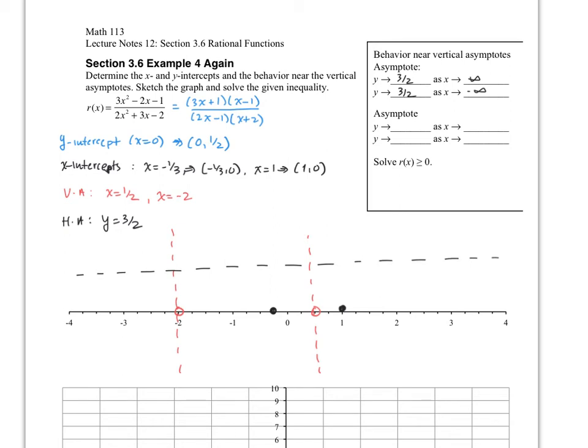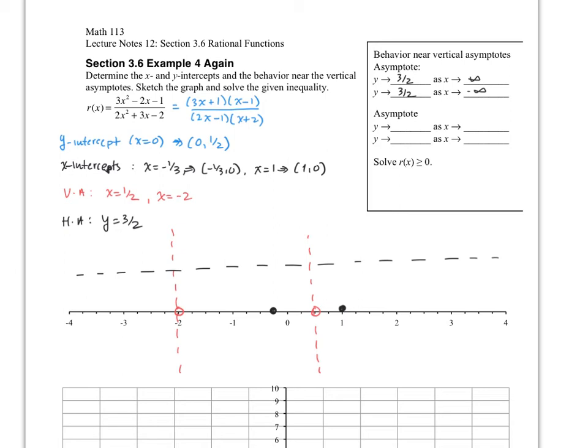The graph eventually has to go to this value, and eventually has to go to this value, the 3/2. Okay. Now here you have two vertical asymptotes, x equals 1/2, which is this one, and x equals minus 2. So remember that this line and this one cannot be crossed.